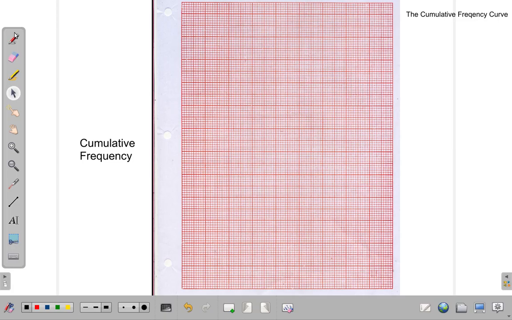So remember now that each of these dark marks here is a centimeter, and you will have to use a scale that will allow you to use up most of the graph paper.